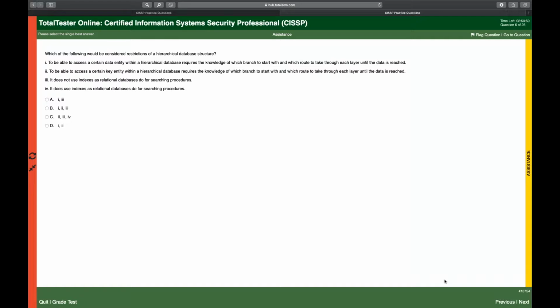Yeah, I think that those two are opposing answers, so I wouldn't select those together. I'm actually leaning towards alpha, 1 and 3, but I'm not 100% certain.